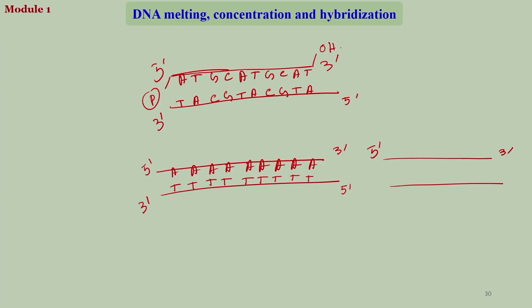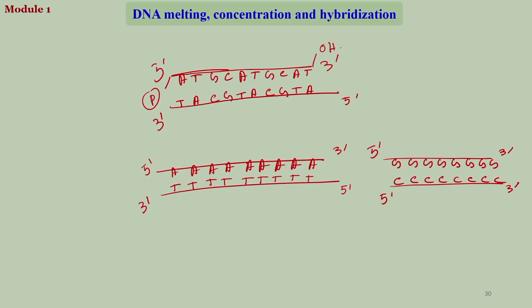Now if you consider all GC, obviously they will have different strength, because AT base pairs have 2 hydrogen bonds, GC base pairs have 3 hydrogen bonds. So GC is stronger, this double strand would be much stronger compared to this double strand.